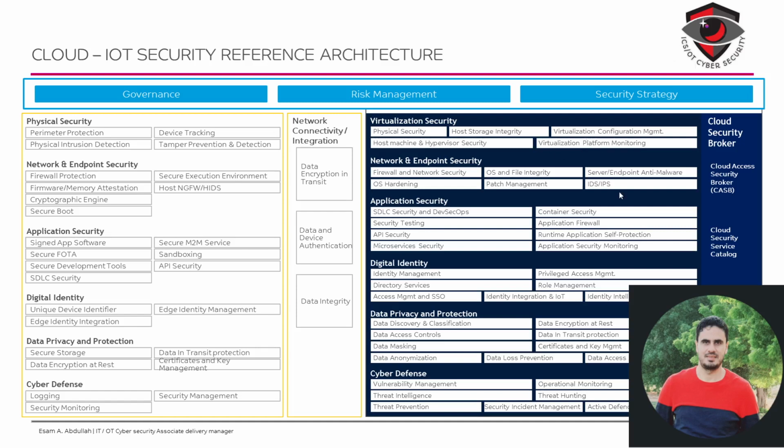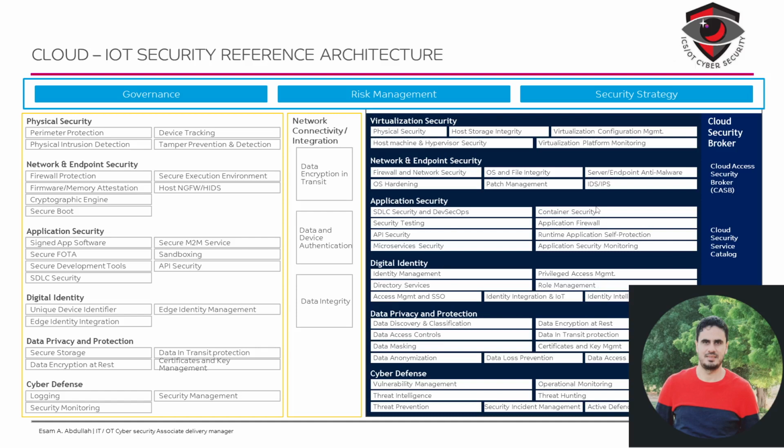According to the previous one, if we dig one more step, in this cloud broker we have the cloud access security broker, and then cloud security service catalog provision and integration as well.